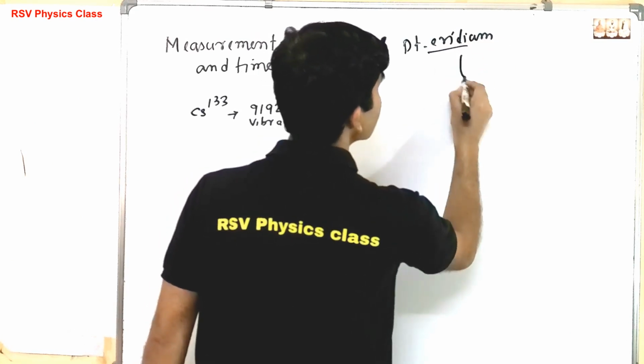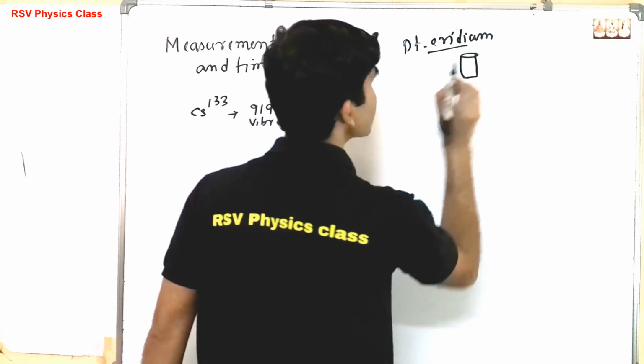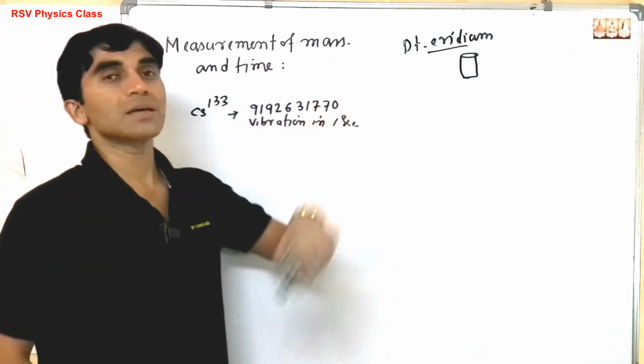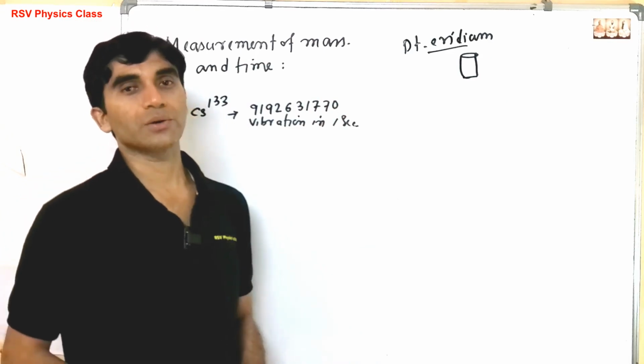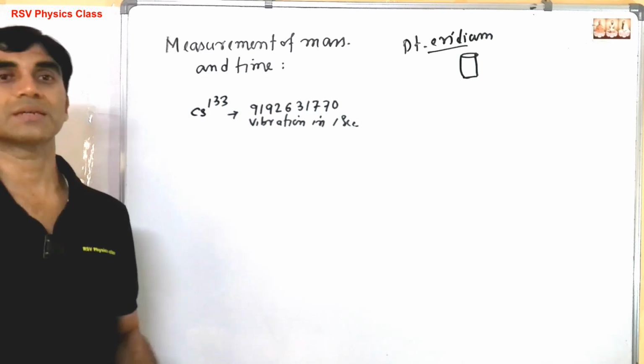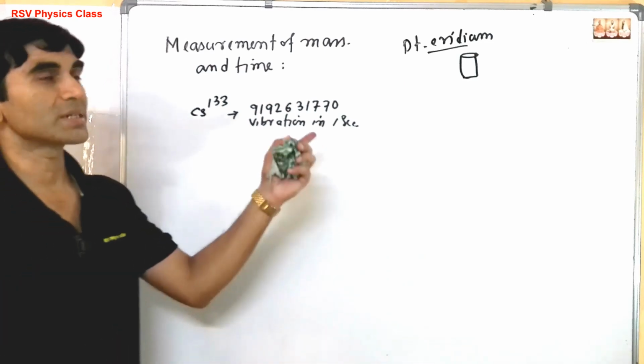The mass of this cylinder is considered to be 1 kilo, and with respect to this, everything is standardized in your weighing machine.